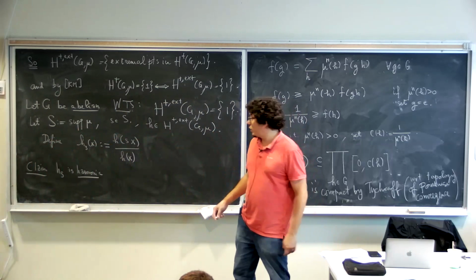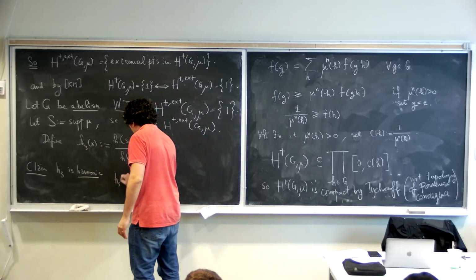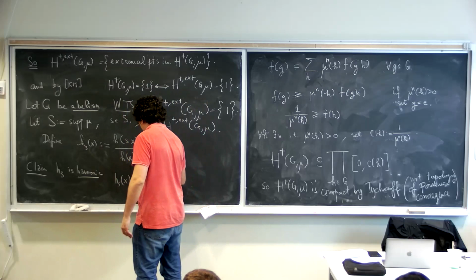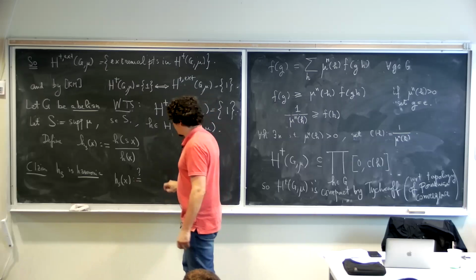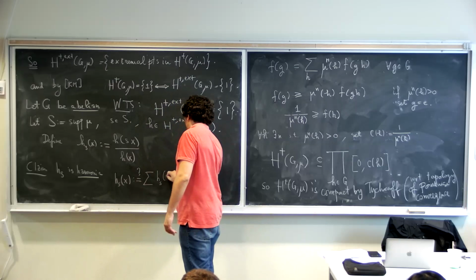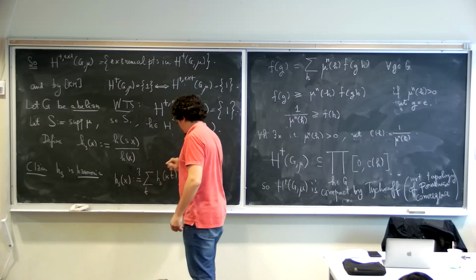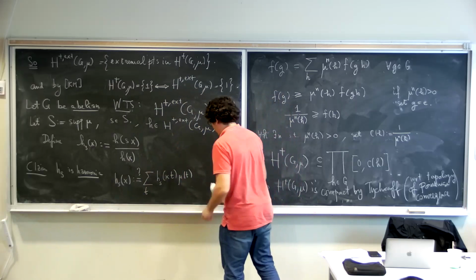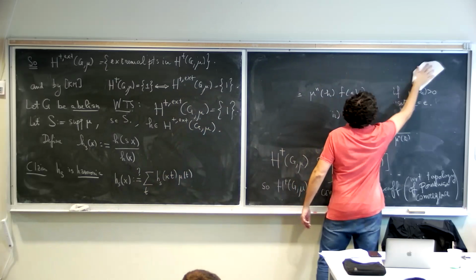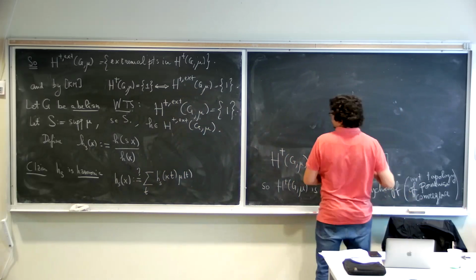So, well, we just have to check. So let's see. What is HS of X? You want to check whether this is the same as the sum of HS of Xt times mu of t. And so let's see.